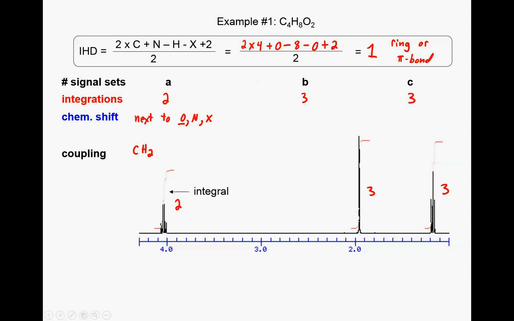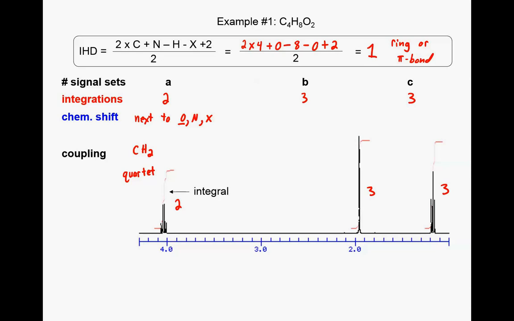Now let's finally talk about the coupling. I've already said that the splitting here is a quartet. If it's a quartet, that's highly indicative of a CH2 group that's probably next to what? Would a CH3 turn it into a quartet? How do we determine how many peaks we'll have given neighboring hydrogens?